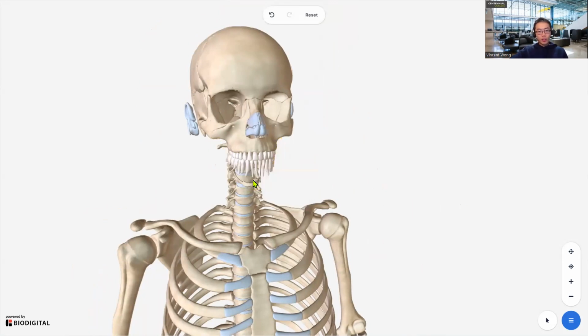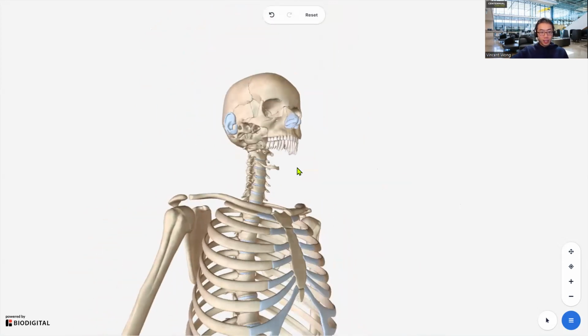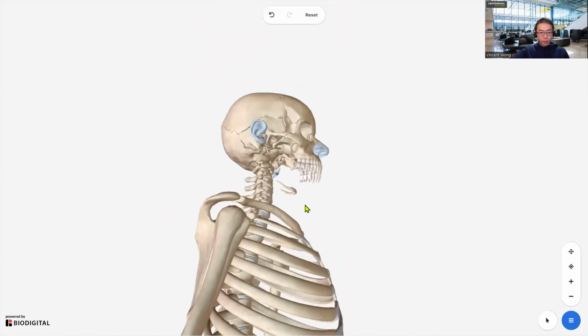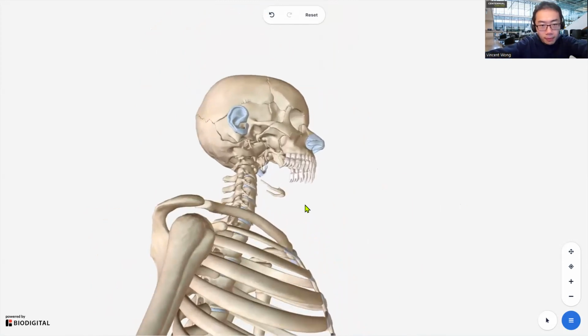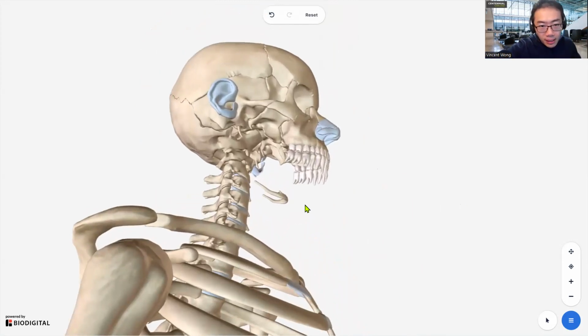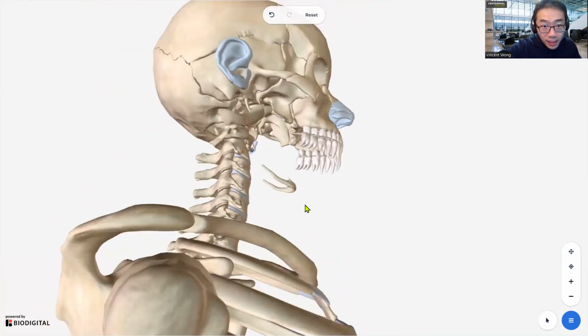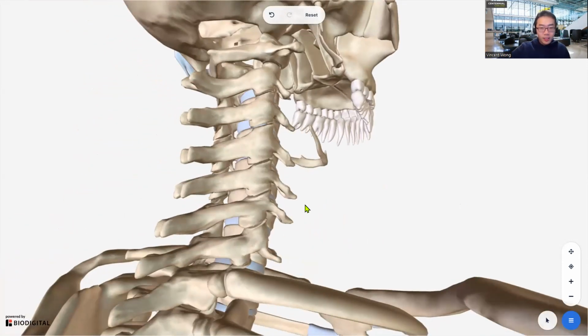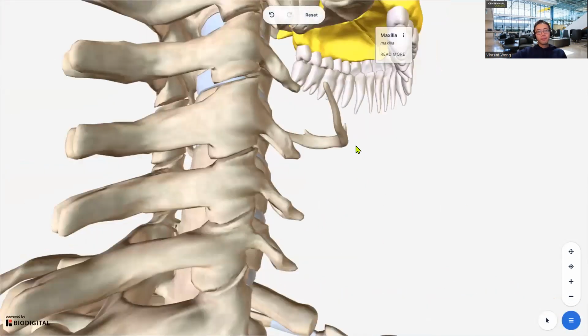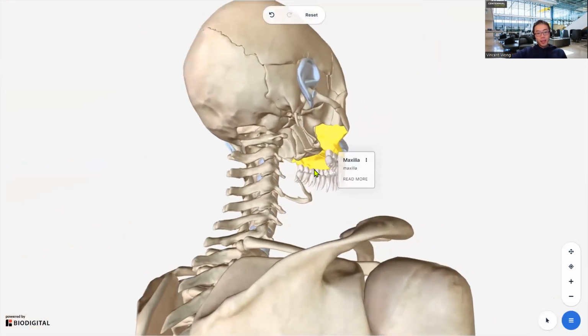So let me delete the jaw. Oh, that looks kind of freaky. And over here, if I zoom in, maybe there. Okay, so you see that's the hard palate, right? That's the maxilla, and then behind it, that's the palatine. So hard palate, anterior 2/3, posterior 1/3.